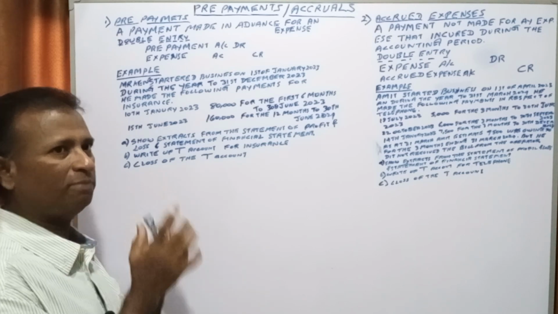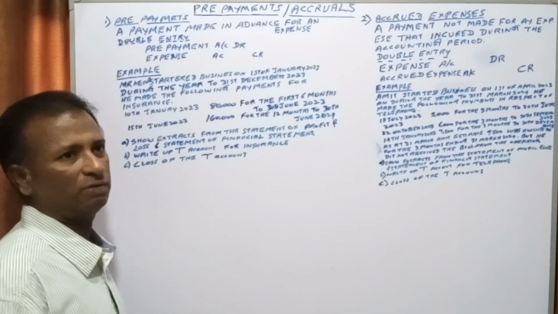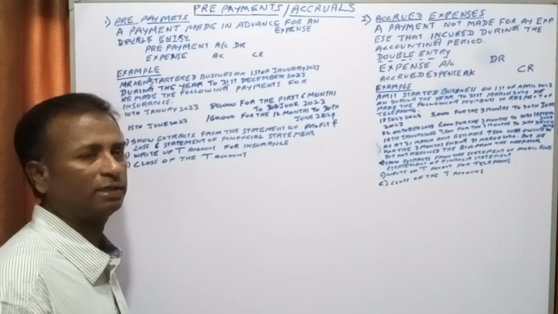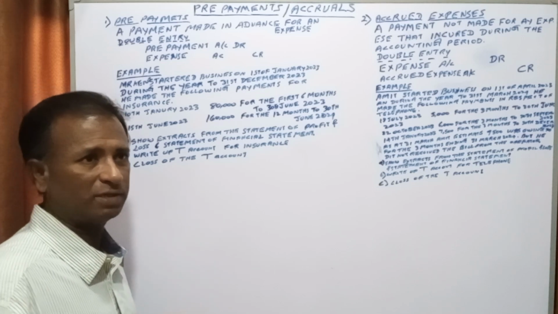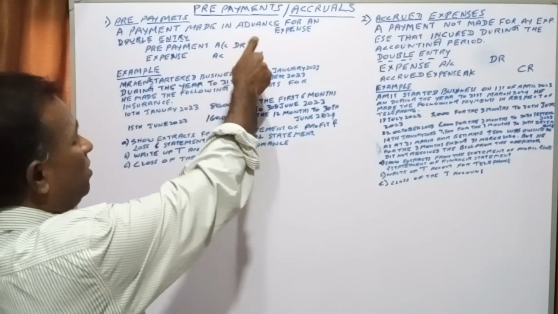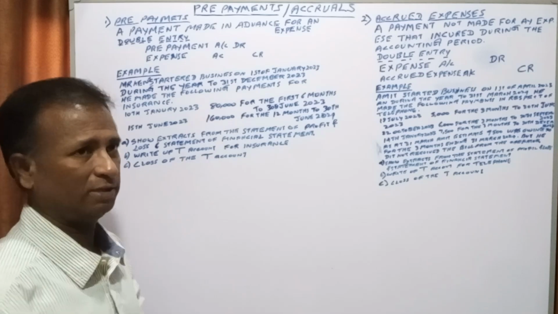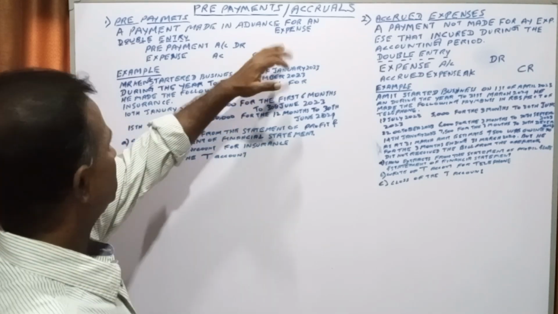We are creating a prepayment account, which is an asset account, a current asset. If prepayments are increasing, then assets are increasing, so the prepayment account is debited and the expenses account will be credited, because there is a decrease in the expense.